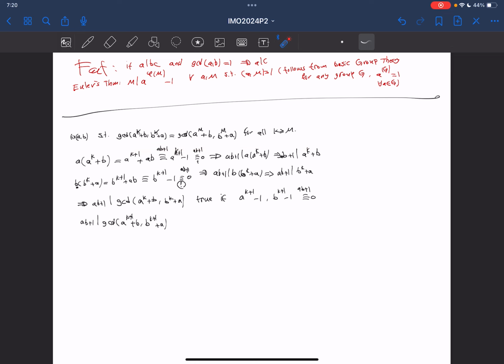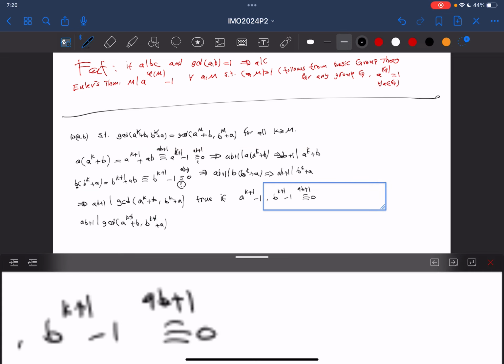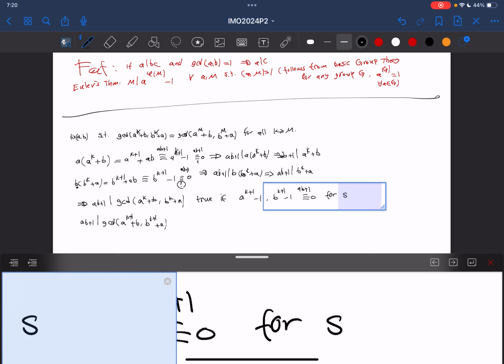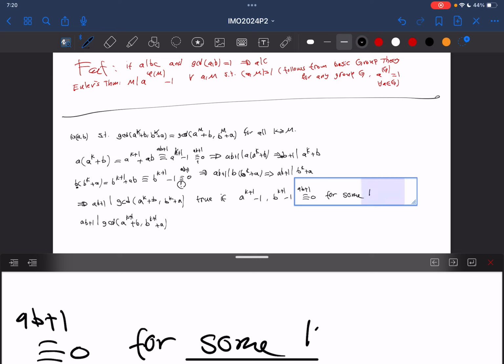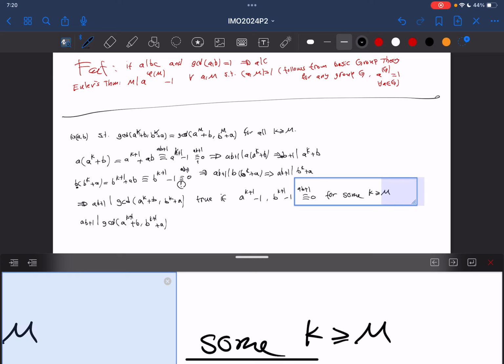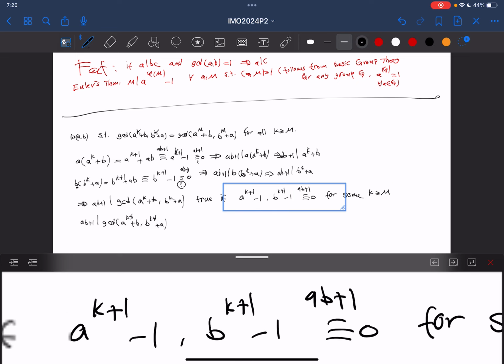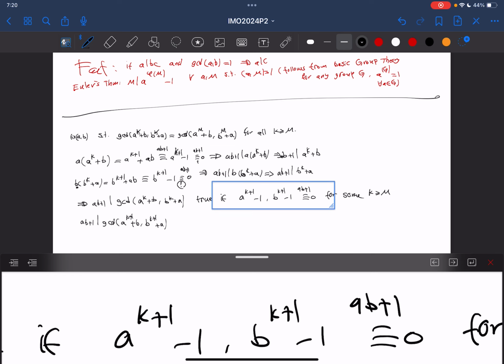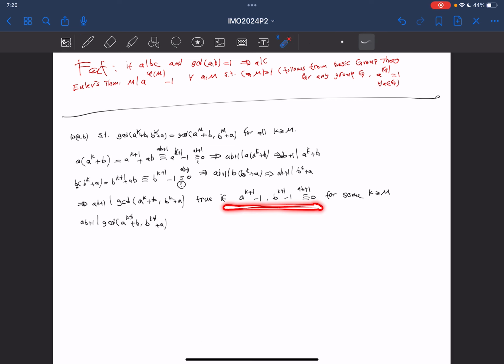So here, if true, I should also add here for some k larger than or equal to m. If I could find k larger than or equal to m such that this condition here is true, then I would have this conclusion also be true, right? Because this one is equal to this one by the way we start.